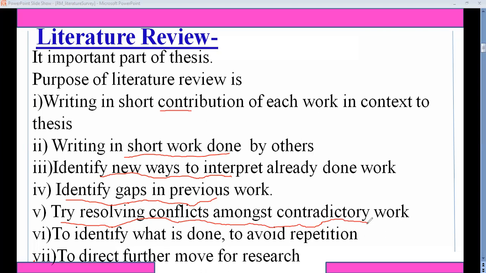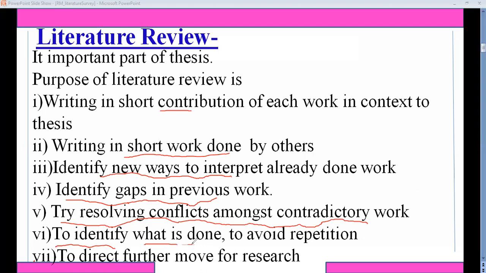Now, one of the important requirements for why we do the literature survey is to find out what others have done. Don't repeat what others have done, except if we have some doubt about it.